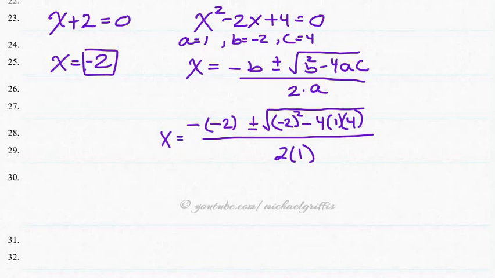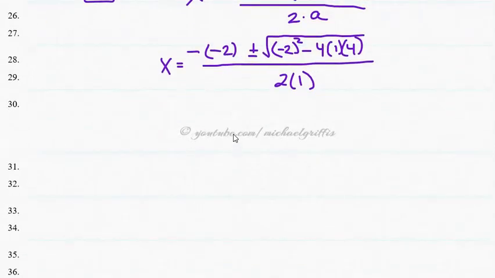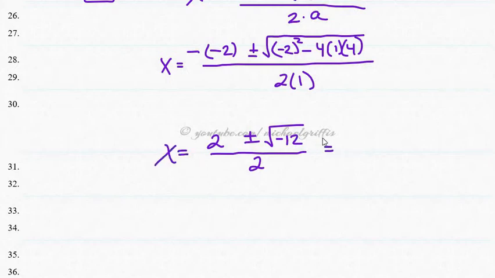Let's simplify this. We have a negative and a negative, so that makes it positive: 2 plus or minus the square root of 4 minus 16, which is -12, all over 2.